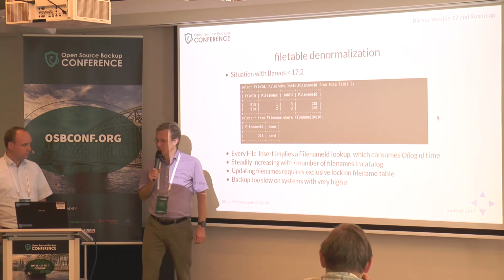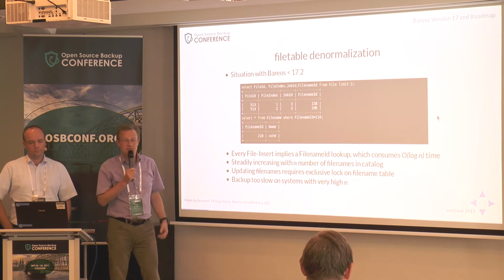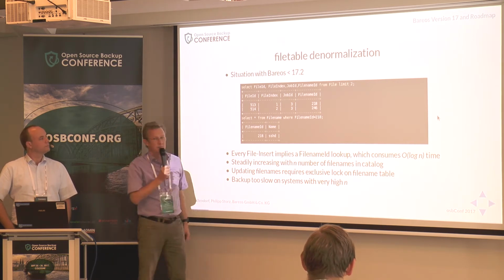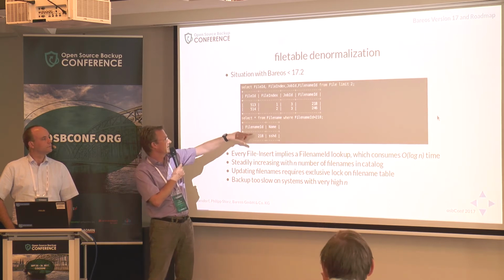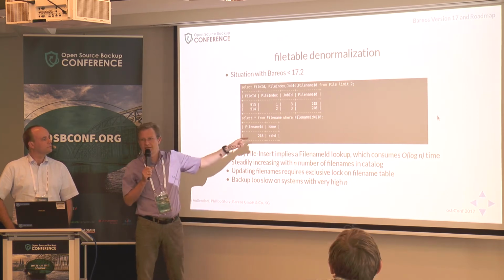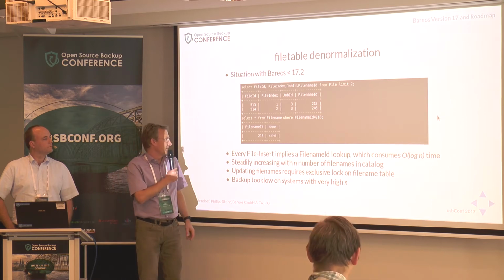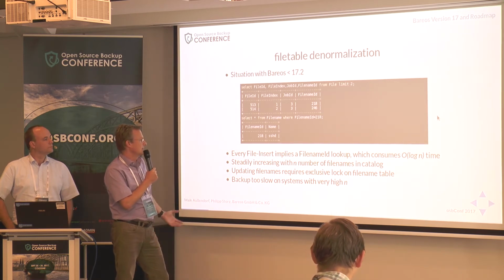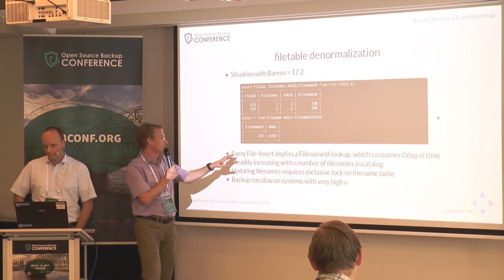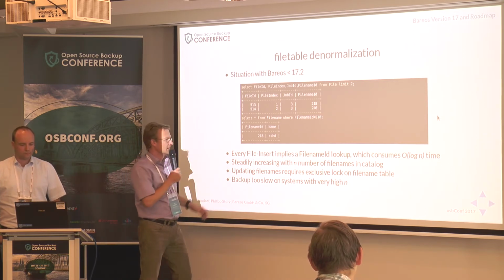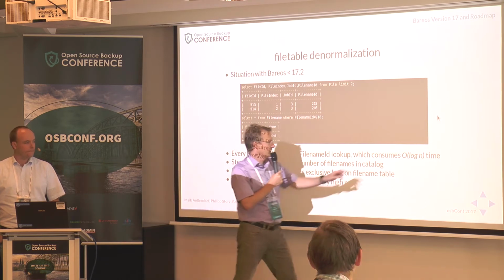This means whenever you insert a new record into file when doing a backup, you first have to look up the file name in the table and look up the ID. That makes it slow if you have more and more file names in the table. That will increase steadily forever, not linear, but by logarithmic means.